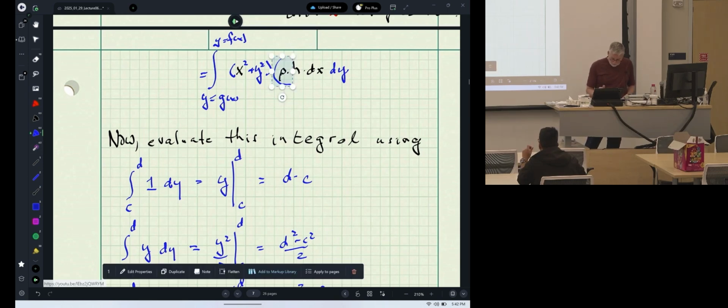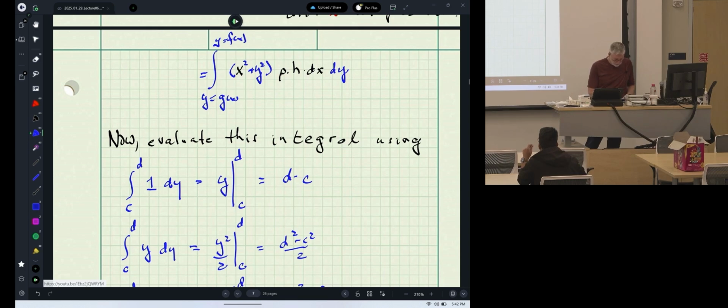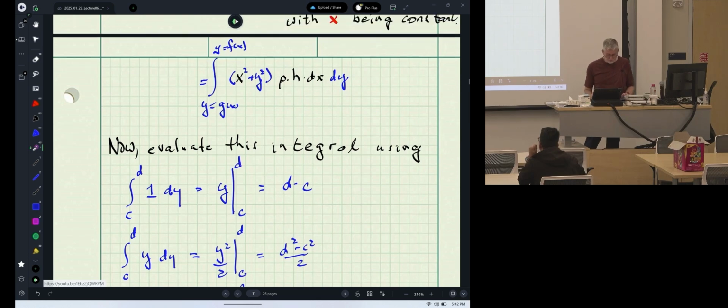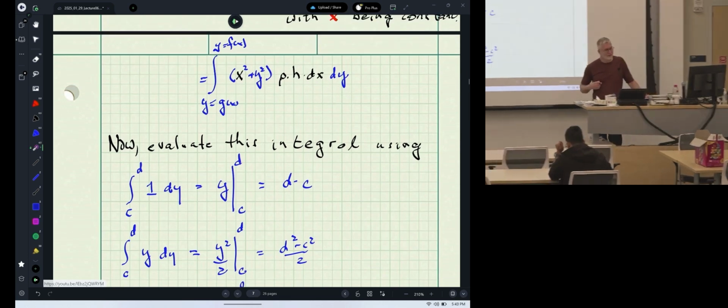These are constants. You can just take them out. So you need to integrate this constant with respect to y and this variable with respect to y and evaluate them from g of x to f of x. Do it, and tell me what you get.